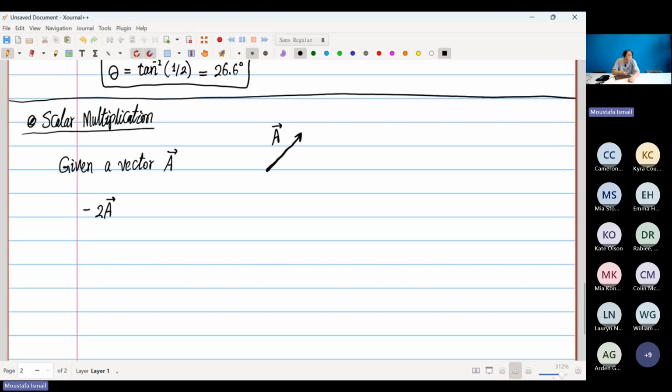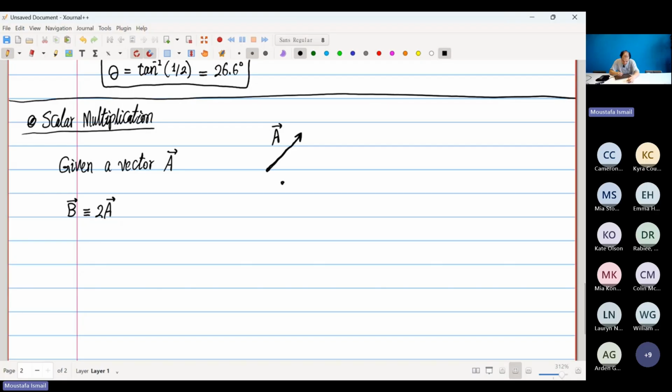Let's say vector B is defined as 2A. Okay, this is a scalar multiplication. This just says double the size of vector A, but keep the direction the same. So as long as you're multiplying by a positive number, you keep the direction the same.